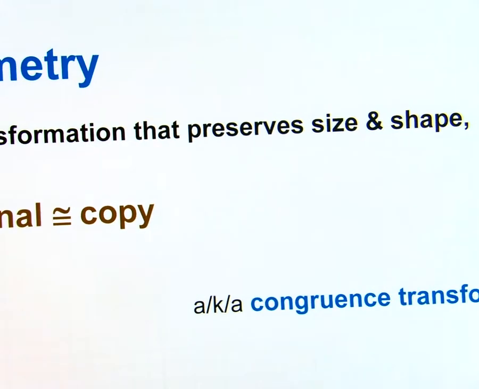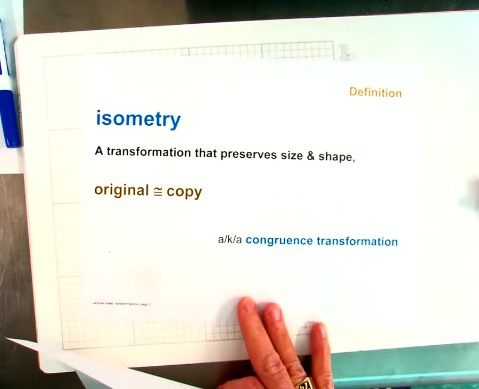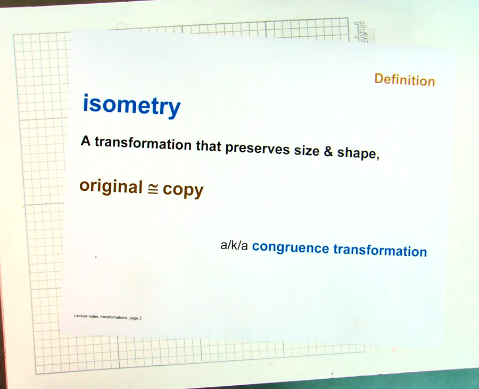A definition for us. That would be an isometry. An isometry is a transformation that preserves the size and shape so that the original is congruent to the copy. It's also known as a congruence transformation.